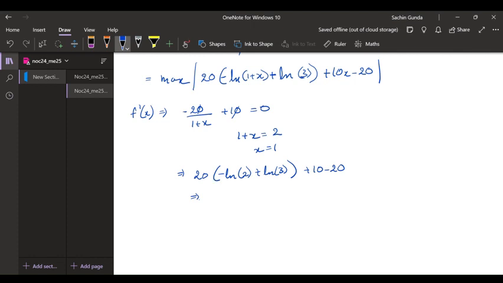We will just calculate it on the phone and write the value. 20 times minus natural log 2 plus natural log 3 plus 10 minus 20. It is coming out to be 1.89, and there is a mod.